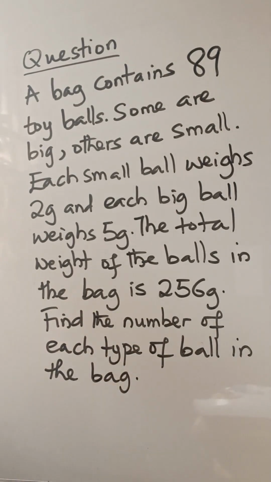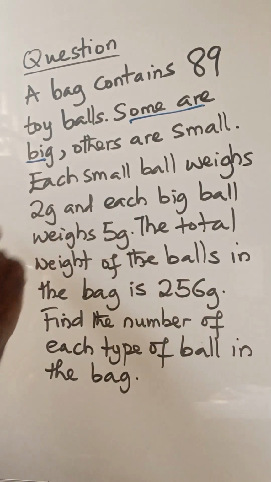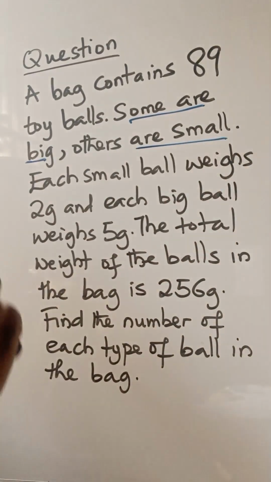All right, so if we observe the question here, you see that the bag contains some big balls, while some are small balls. So we can start to interpret this problem into a mathematical problem. When you have a word problem, what you want to do is interpret it into a mathematical problem.